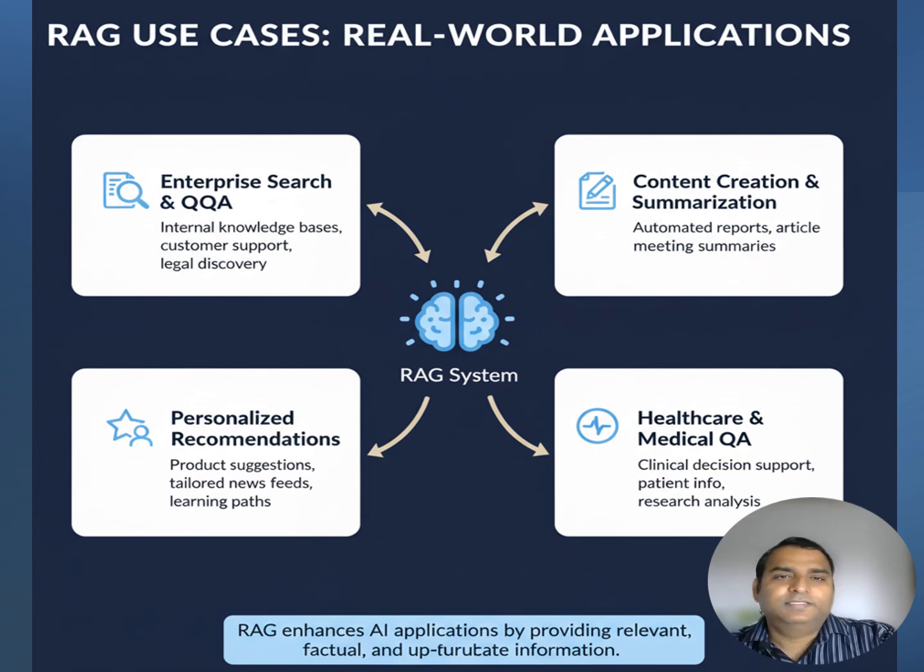Then customer support automation, pulling relevant help articles or troubleshooting guides to resolve customer issues. Legal document analysis, because it is not necessary to read such large documents, helping search cases, law, contracts, and compliance documents. And healthcare decision support, assisting doctors with treatment protocols and medical research.